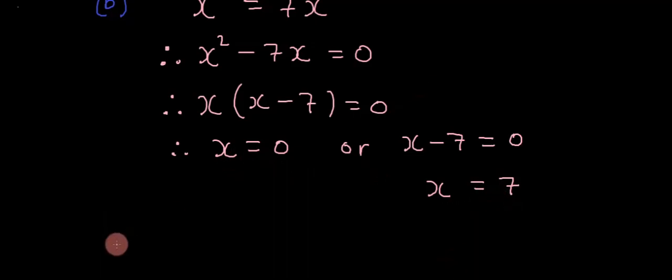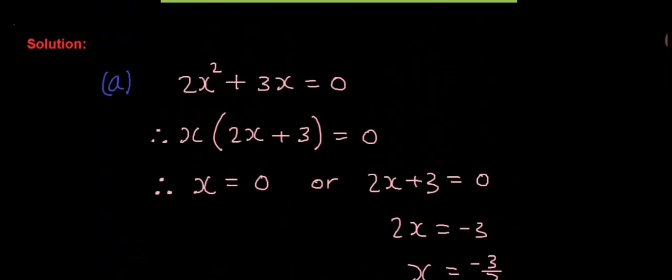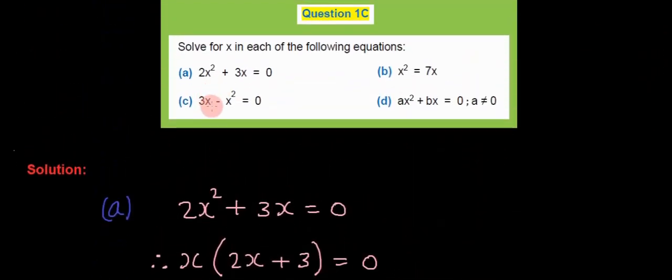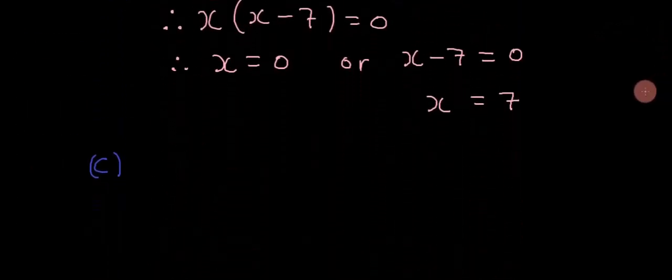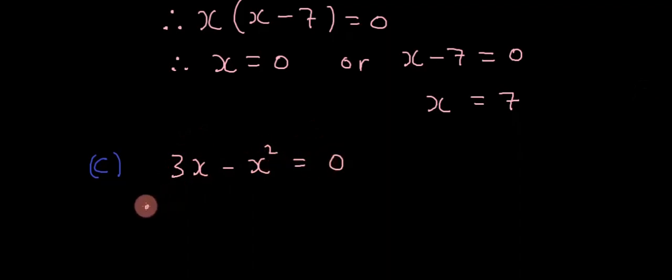Let's look at C. We have 3x minus x squared equals 0. We can take out a common factor of x into 3x, thrice, and x into x squared, x times.